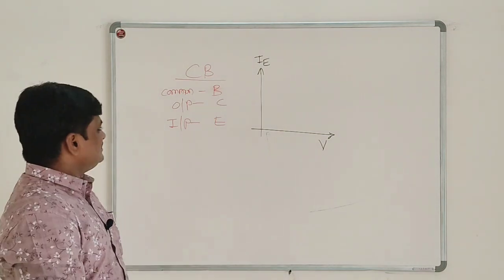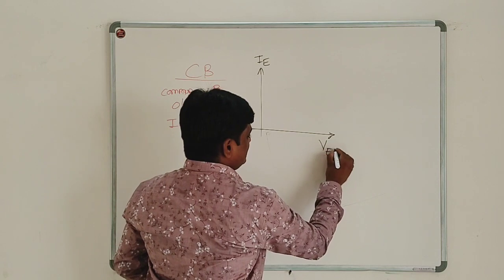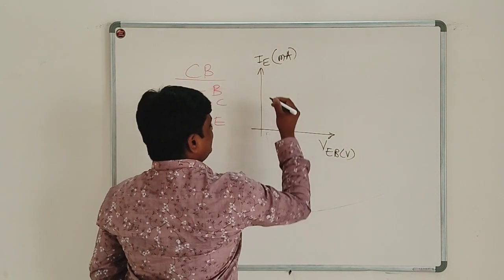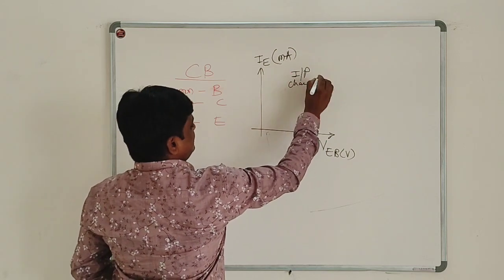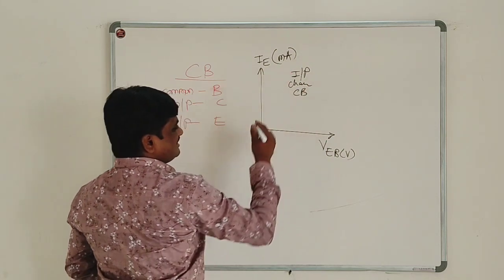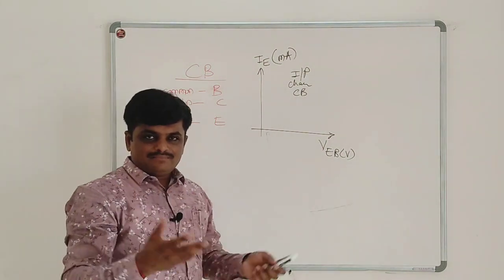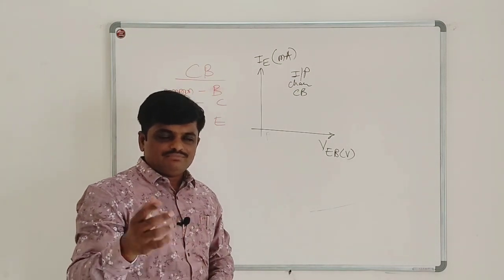So what is the input voltage here? Input voltage is VEB. So that is why it is VEB in volt, then IE in milliampere. So this is nothing but the input characteristics of common base configuration, and you will get the characteristics by performing the experiment, and you will find them in any literature, in any book.